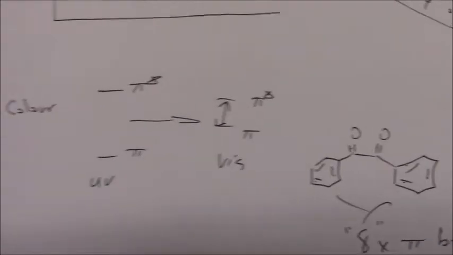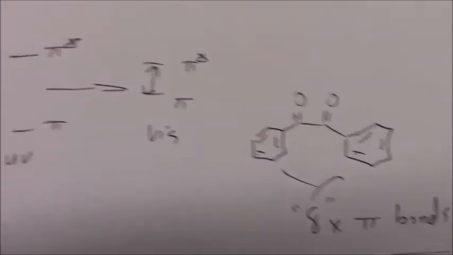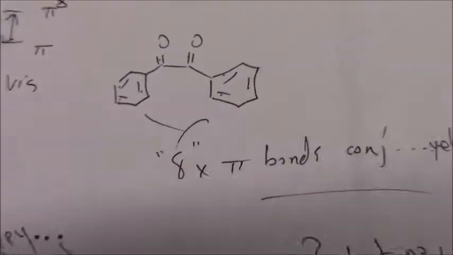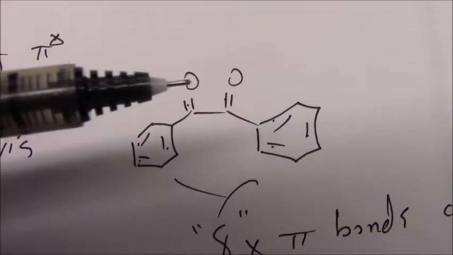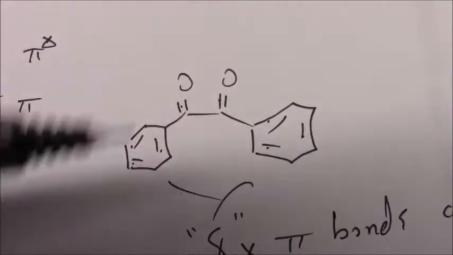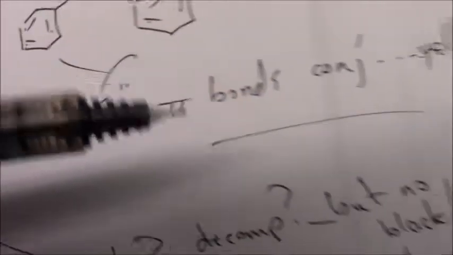The color, obviously it's yellow. Now the interesting thing here is we know you're shrinking the pi to pi star. This has 8 pi bonds because both the carbon and the oxygen are sp2 hybridized and they're all in conjugation. There's 8 total.